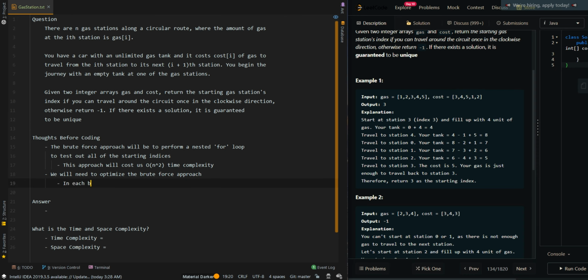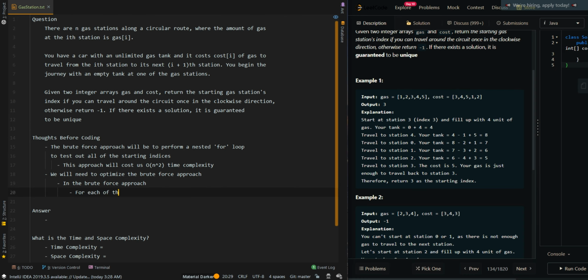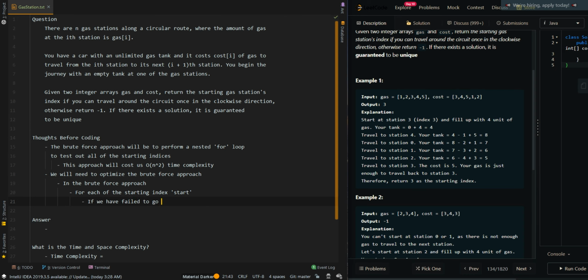In the brute force approach, for each starting index, if we have failed to go around the circuit at i, we will need to start again from start plus 1.